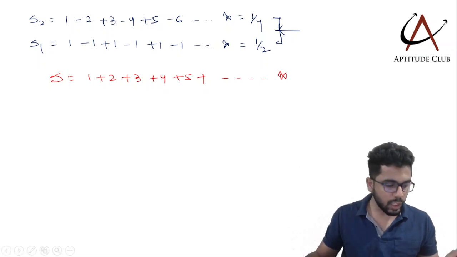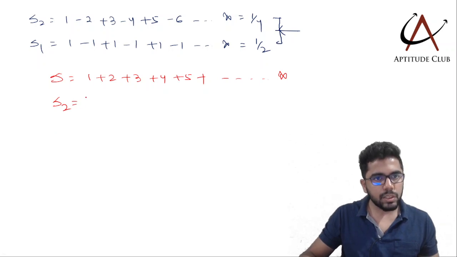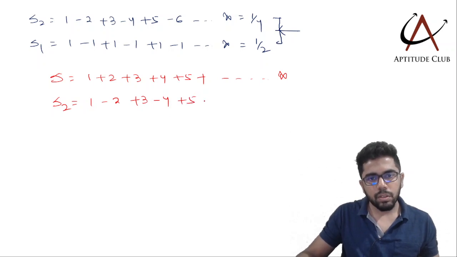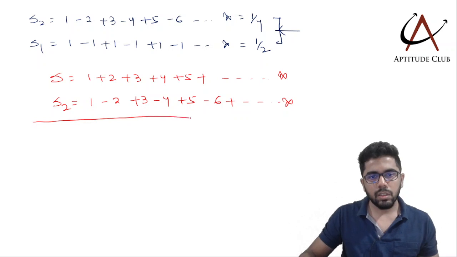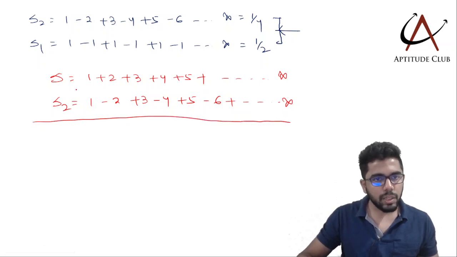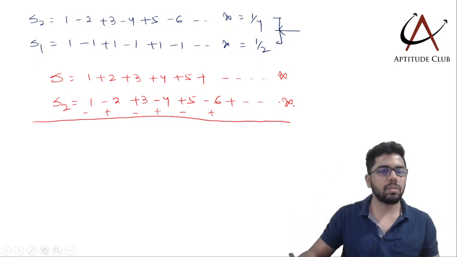So what you do is, from this S you subtract S2. How much is S2? S2 is 1 -2 +3 -4 +5 -6 and so on till infinity. So you have to do S minus S2. So this becomes minus, this is plus, this is minus, this is plus, and so on.